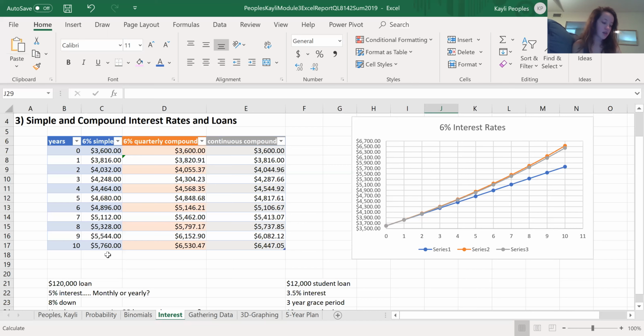And then subsidized loans, the interest is paid by the government while the student is still in school. While with an unsubsidized loan, the government does not pay that interest, and so the student, even though they don't have to pay until after they've graduated, that interest is still racking up, that they have to pay.